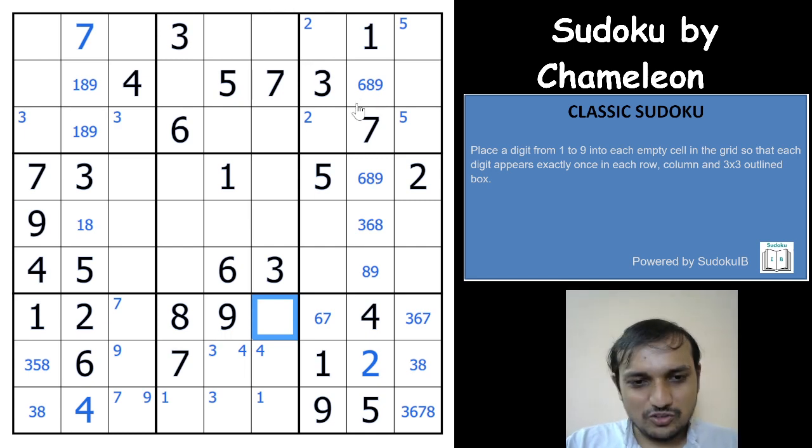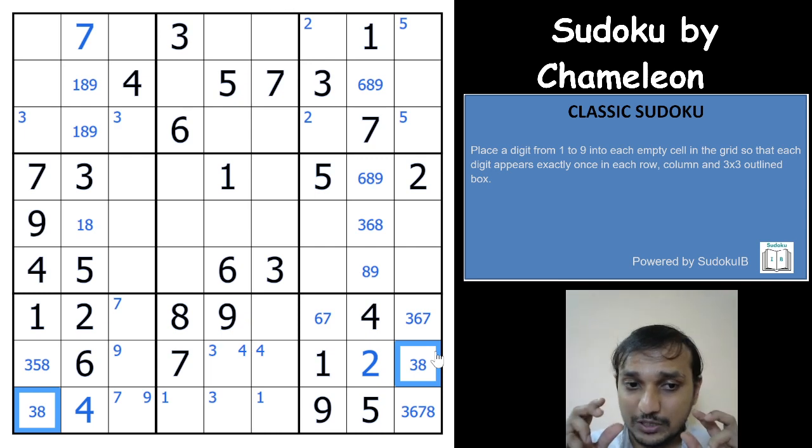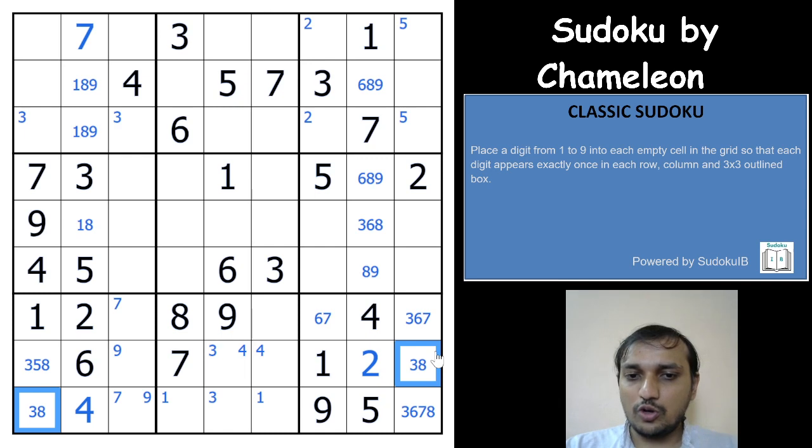Whenever I come across a pair of cells which have the same two candidates, bi-value cells I would say, I usually look for a W-wing. Those two cells should not be able to see each other, so they should not be in the same row, column or box.